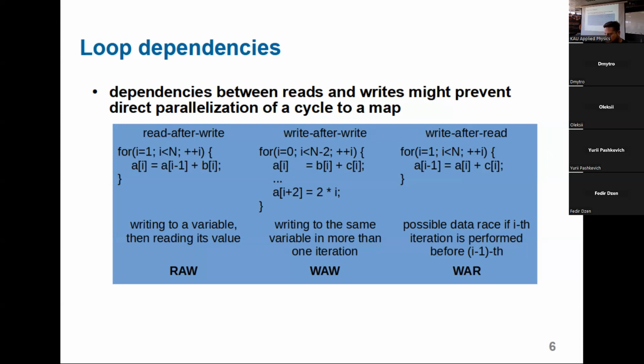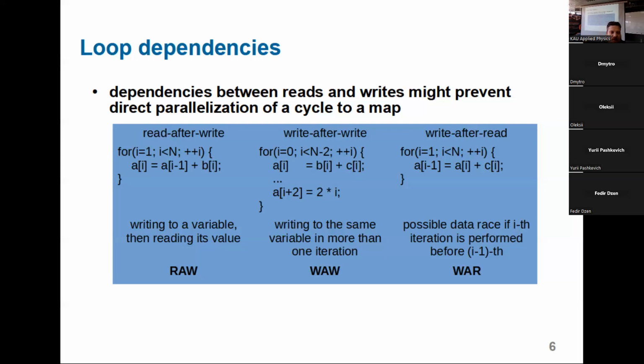And finally, this one, right after read. So I'm using the values of the elements which have a higher index in the array to set the value of my actual element.